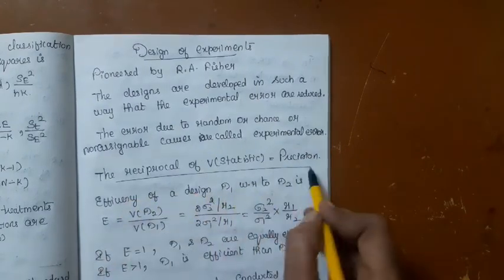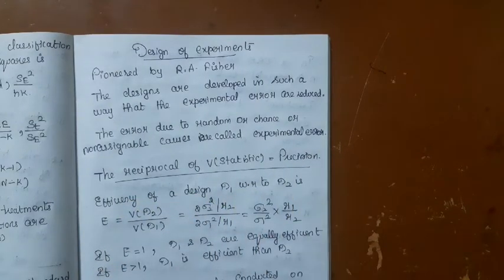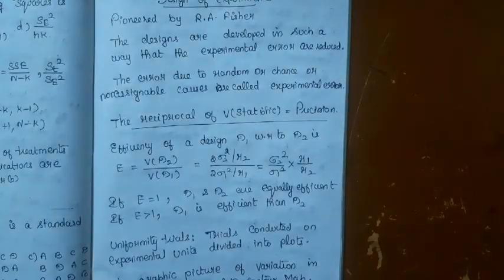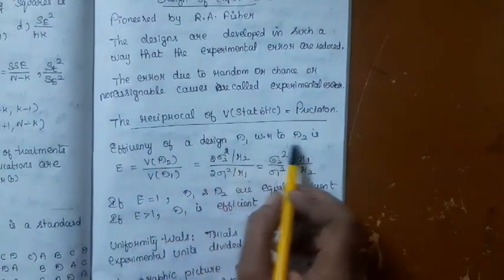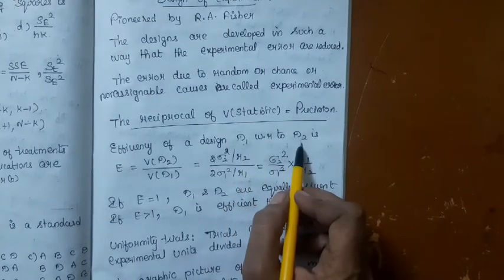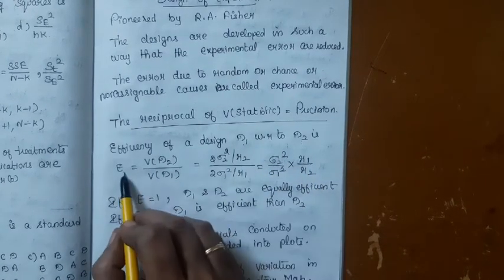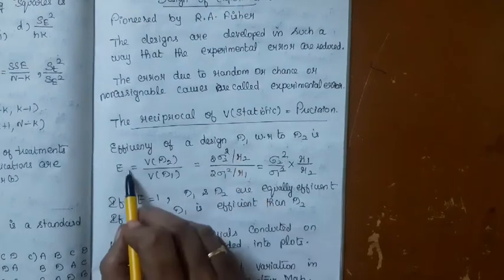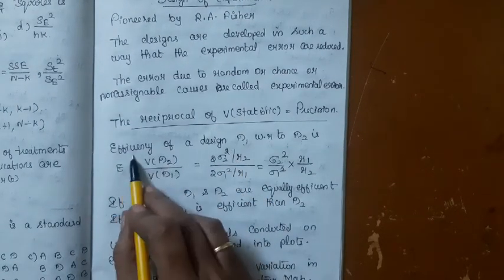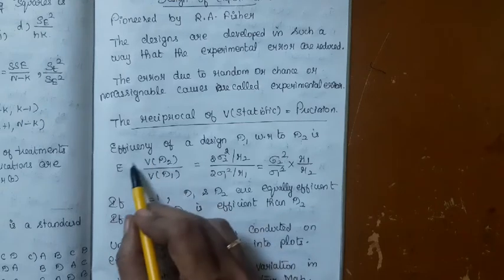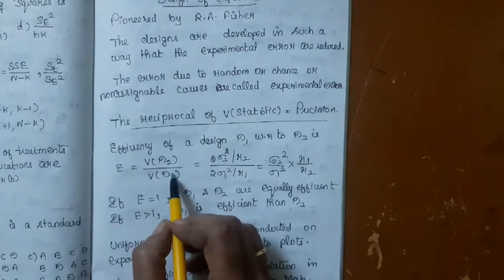And this fact we know, that the variance of a statistic, the reciprocal of it is the precision. Suppose that you have two designs D1 and D2. The efficiency of the design D1 with respect to D2 is... we are familiar with this concept from the theory of estimation.